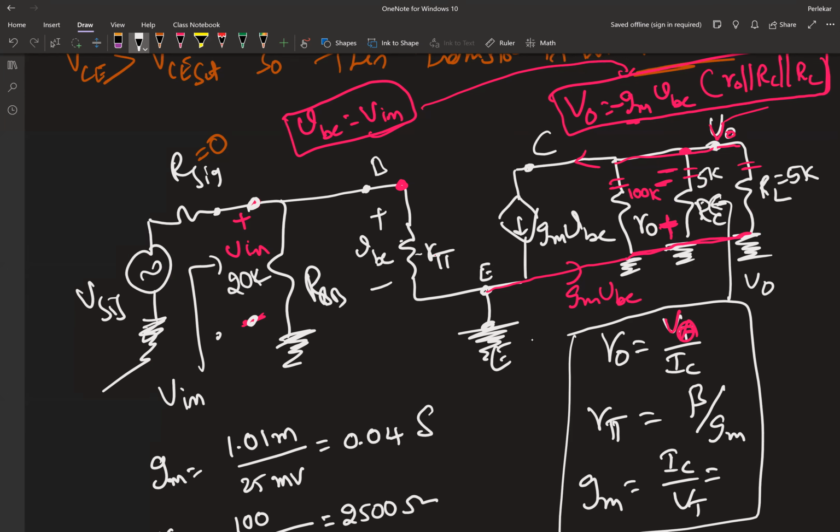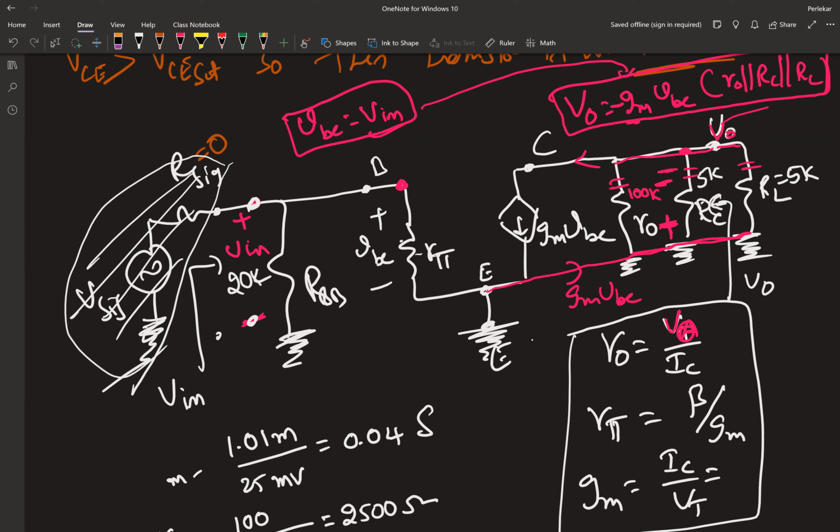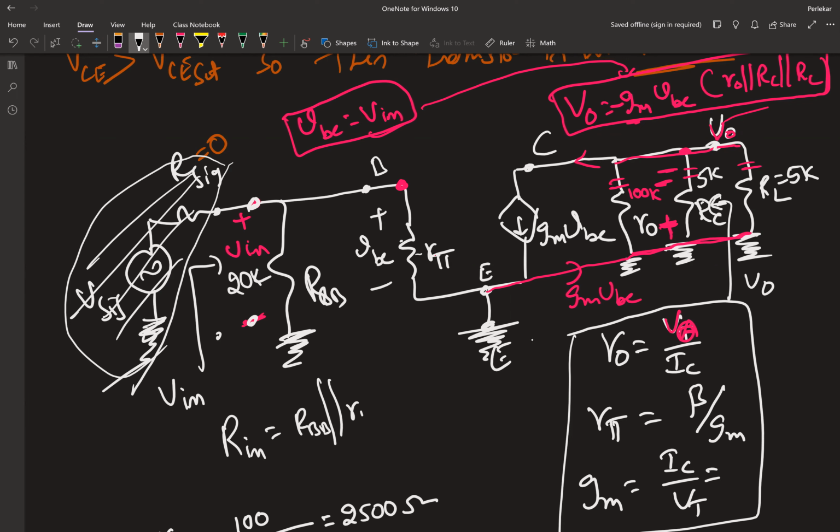Same thing with the input resistance: we remove all the sources. When we remove the source, that R sig is also going to go away. So the input resistance of the whole circuit is RBB parallel with R pi. That's one thing, input resistance.